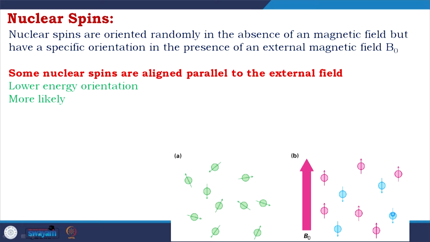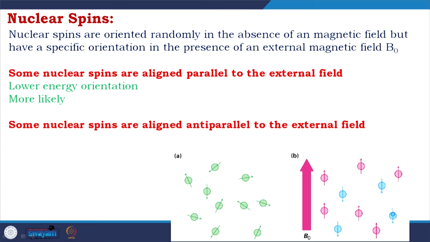If you see here, they were randomly oriented, and when the field is applied, some are aligned in the direction of the applied magnetic field, whereas others are opposite to that. So, some nuclear spins are aligned anti-parallel to the external field.